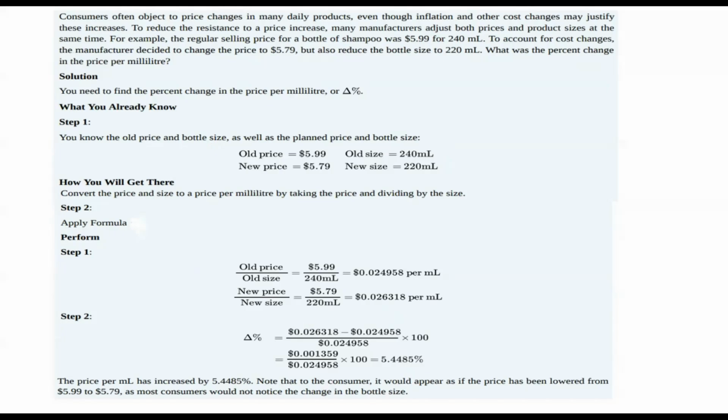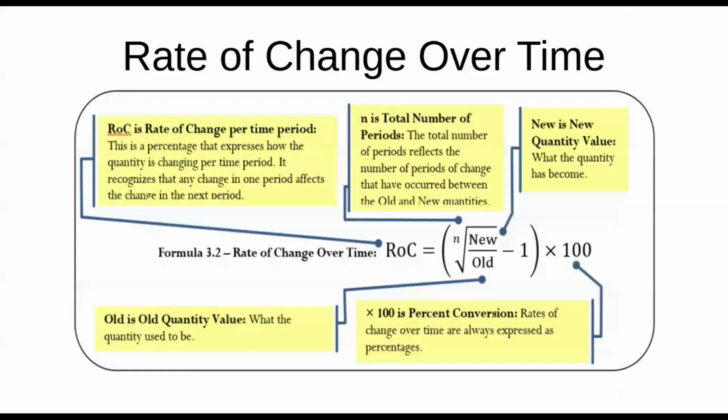All right, let's go to a little more complex concept now when it comes to percent change. We'll talk a little about rate of change over time. So what are we dealing with here?